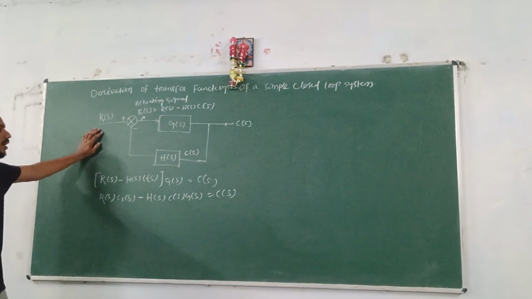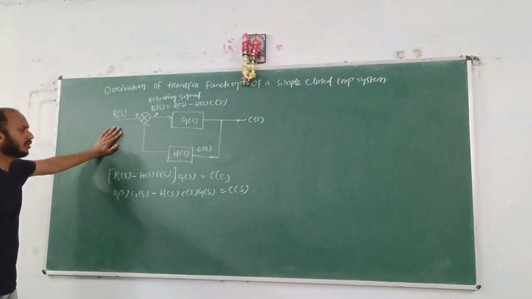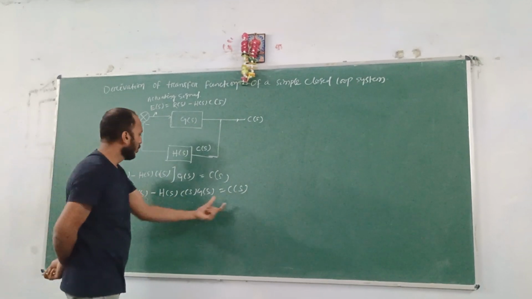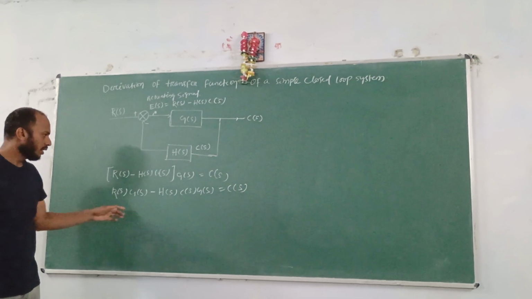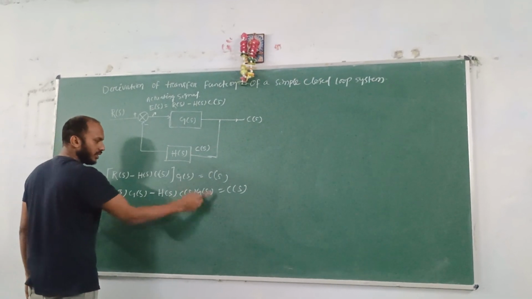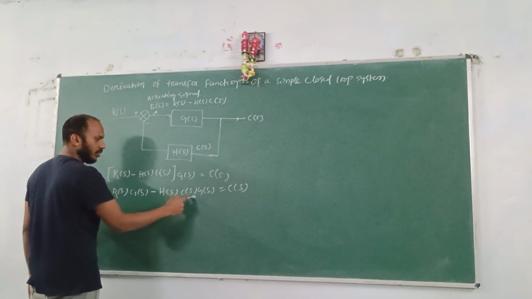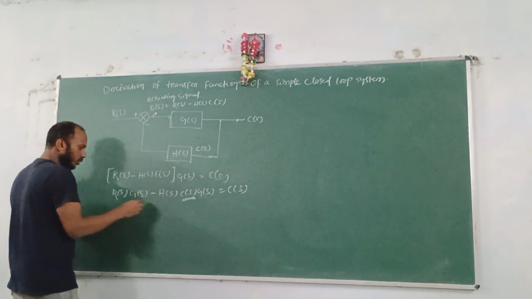Now we have to find the transfer function of this loop. Transfer function is the Laplace transform of output to the Laplace transform of input. So we have to isolate the term to get the value of C(S).